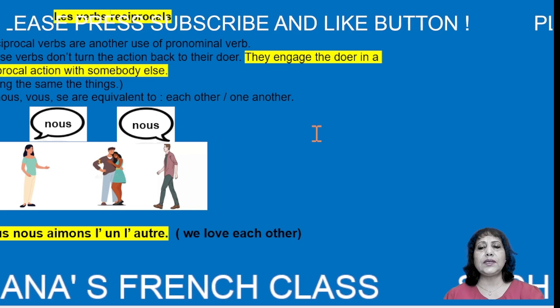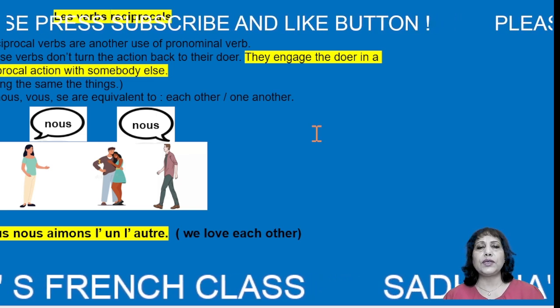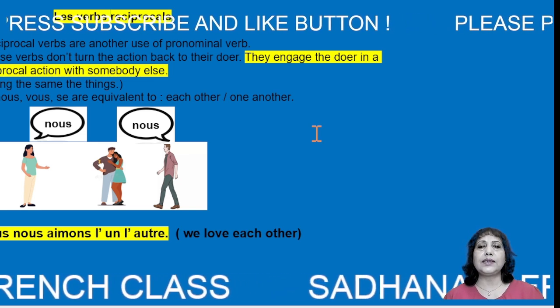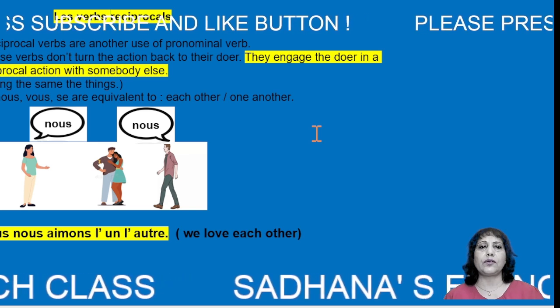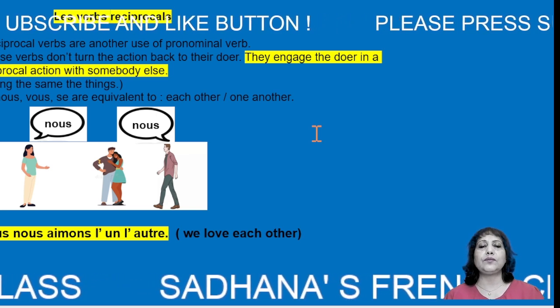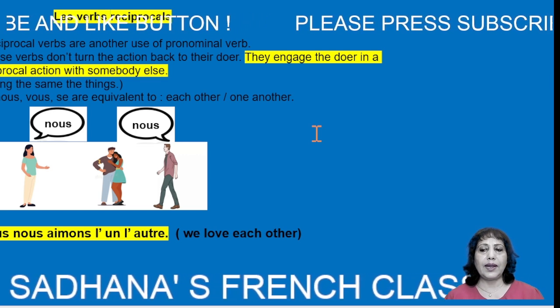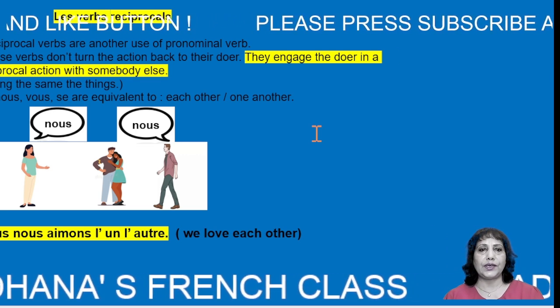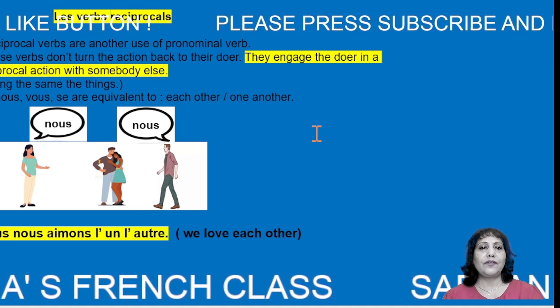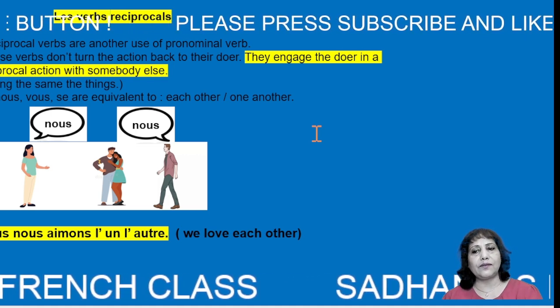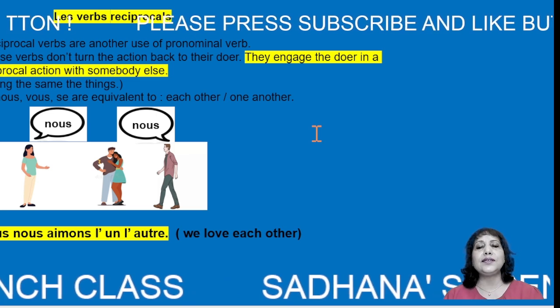In reflexive, the action happens on the doer itself. In reciprocal, the action falls back or reflects back on each other, means there has to be another person, more than one. Alright, so each other when you say. In reflexive, it's oneself. In reciprocal, on each other.